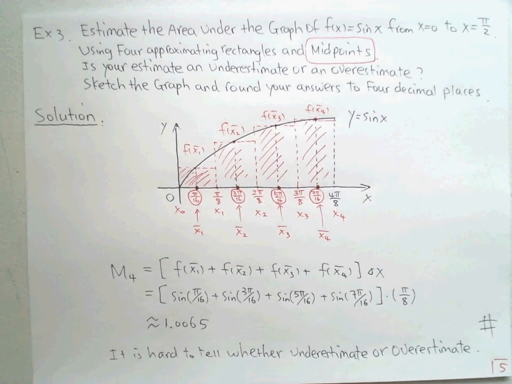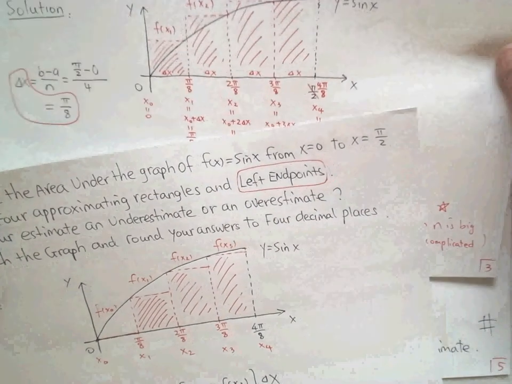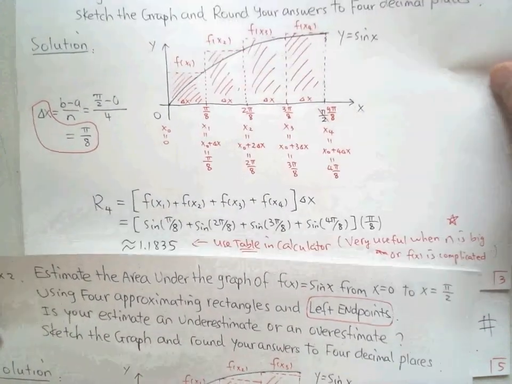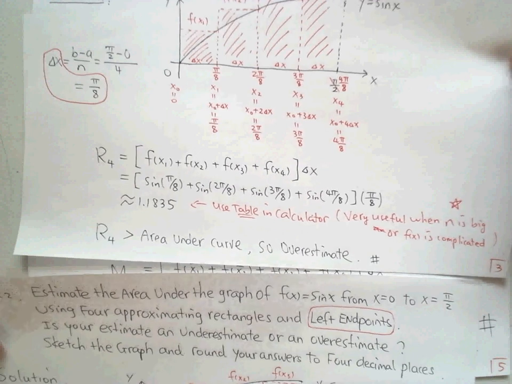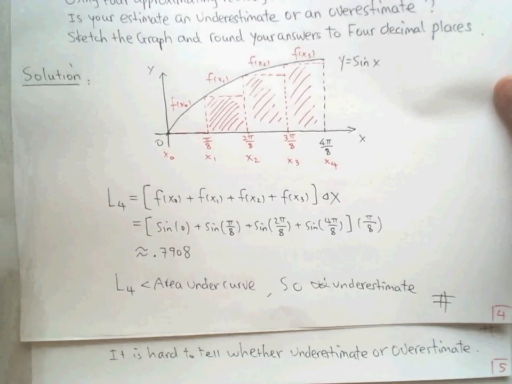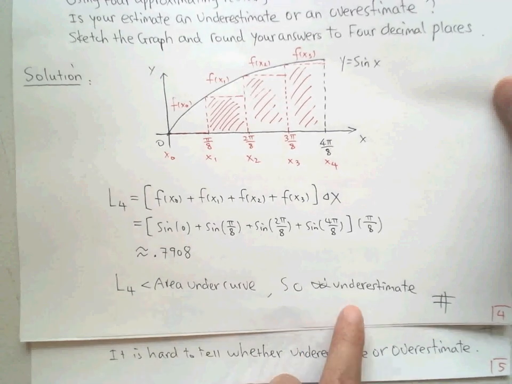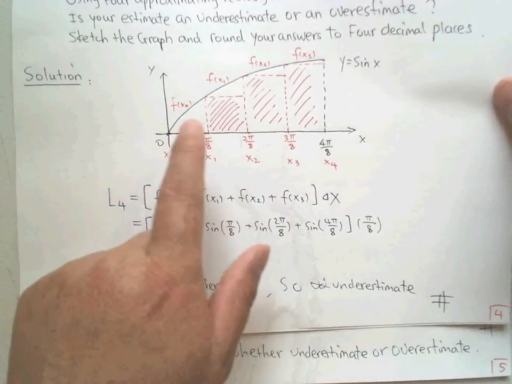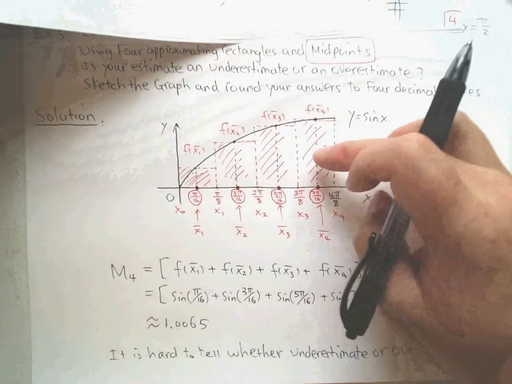From here, one more. We just did the three, the same function. Can we tell which one is the best estimate? Okay, the first, the right endpoint, is overestimated. The second, the left endpoint, is underestimated, very clearly, a big area.